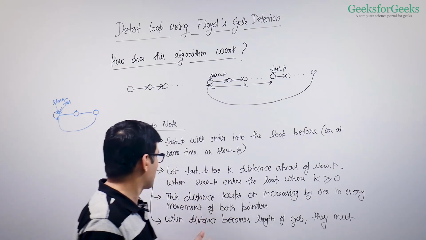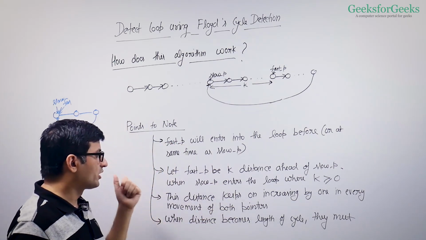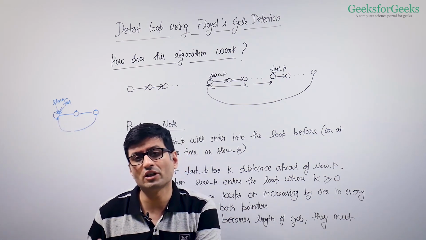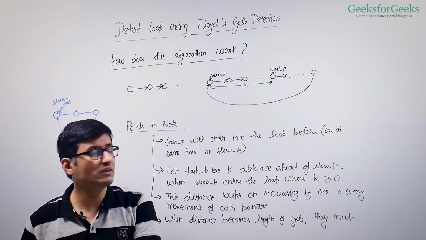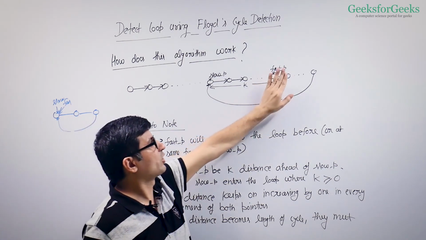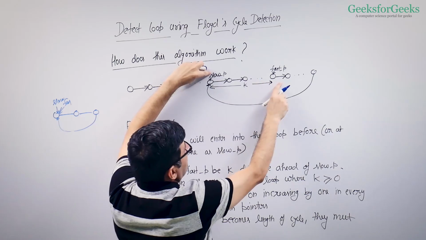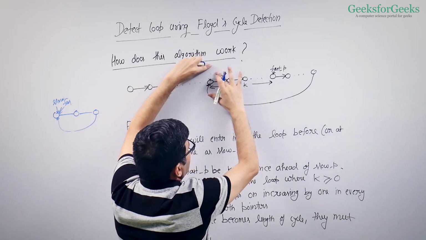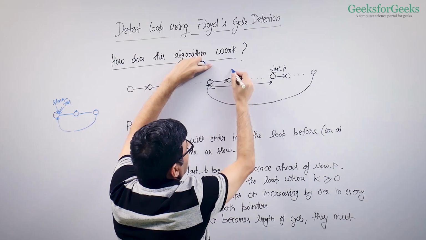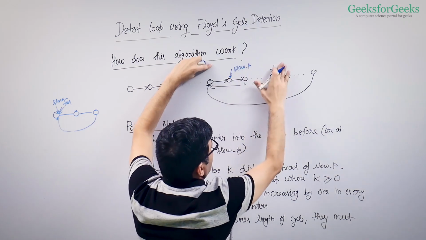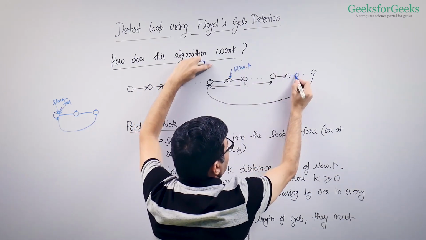Now the next point I've written here is the distance between the slow pointer and the fast pointer keeps on increasing by 1, right? So what do I mean by this? Say the slow pointer is here and the fast pointer is here. What will happen in the next iteration? The slow pointer will come here and the fast pointer will go to the next of next.